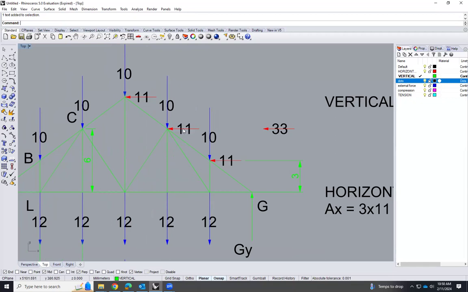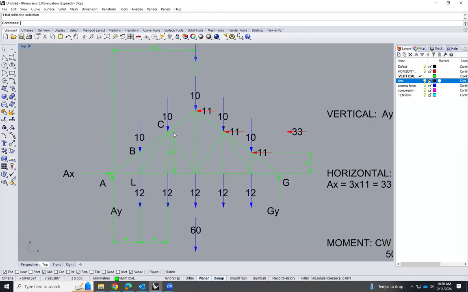It's here, at this point. So the resultant of these 3 forces is the sum of the 3 forces, 11, 11, and 11, total 33. And the distance of this action line and that point, what is it? We have to extend this line.